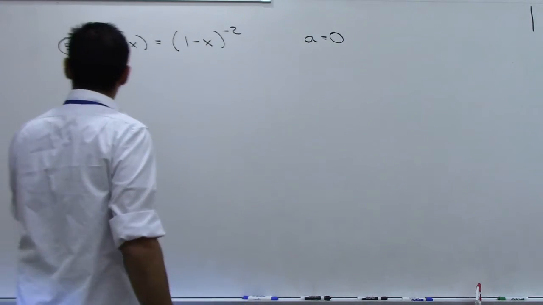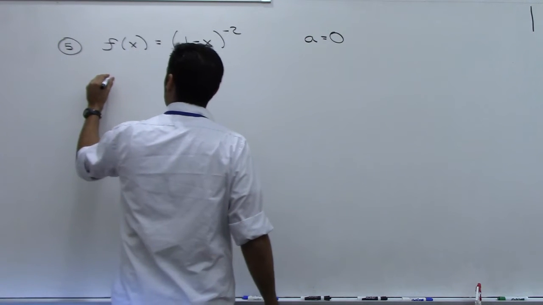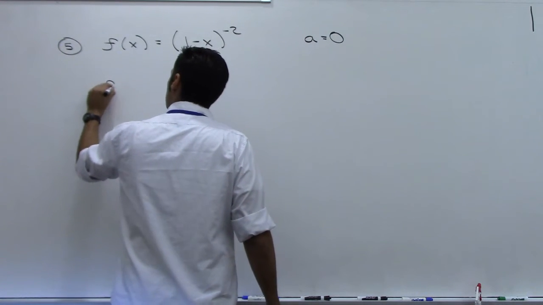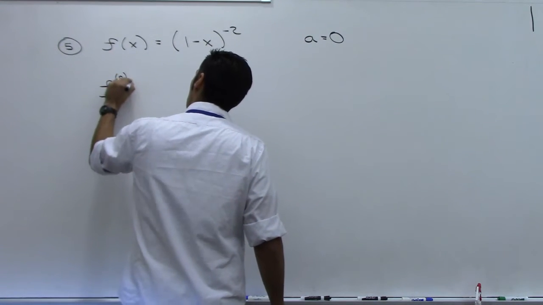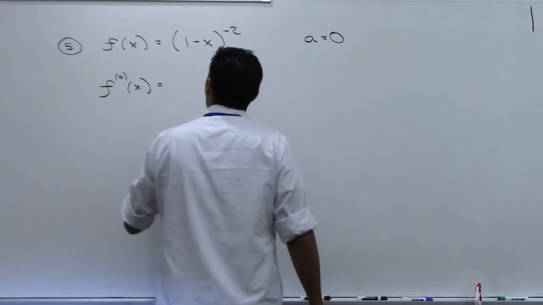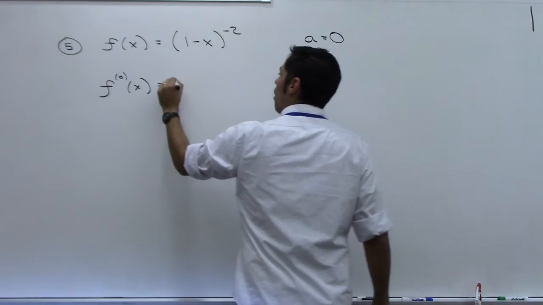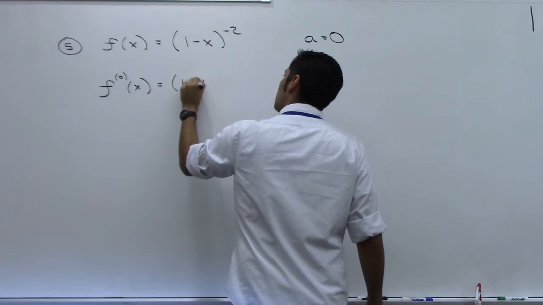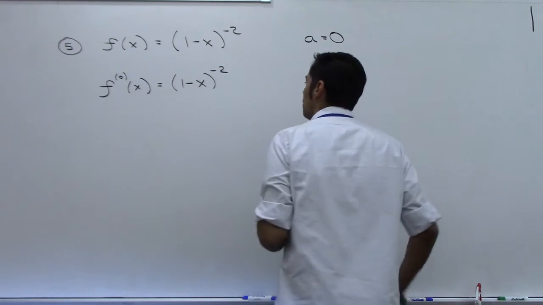So first of all, let's take a look at some of the derivatives. The 0th derivative of the function at x means you don't take the derivative at all. So it's just (1 minus x) to the negative 2.